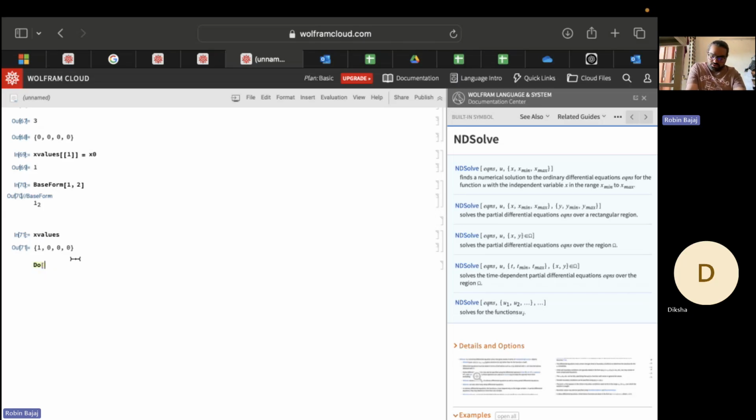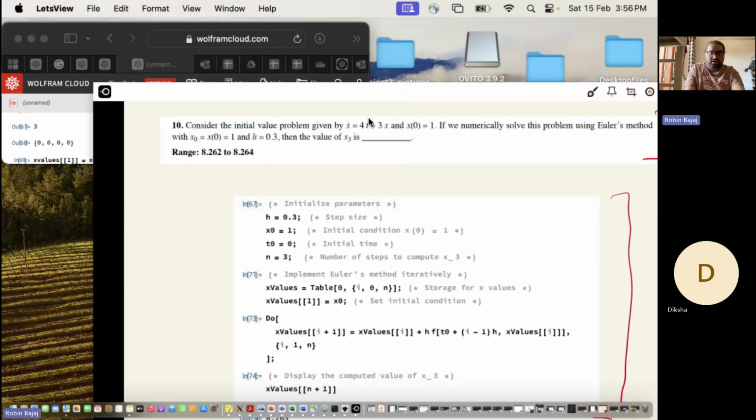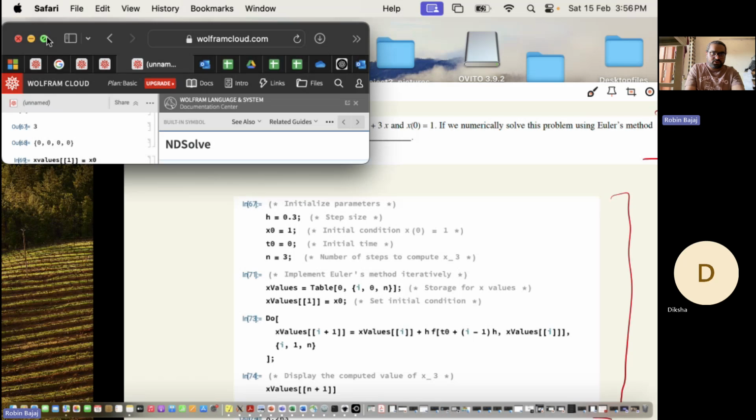The condition is x values at i plus 1, and I will define how the i has to go in the list. So i plus 1 has to be equal to x values at i plus the derivative, which in our problem is x dot, and that is 4t plus 3x.